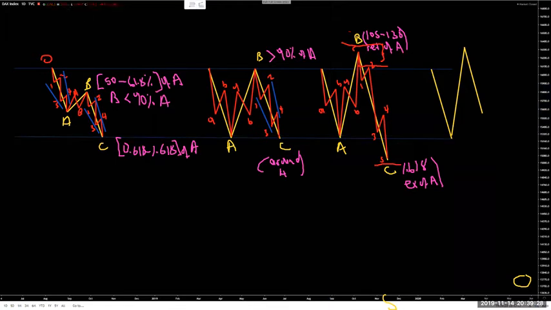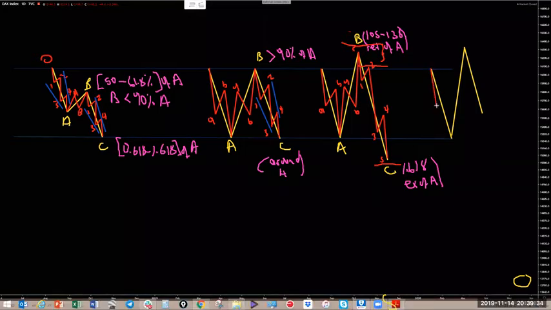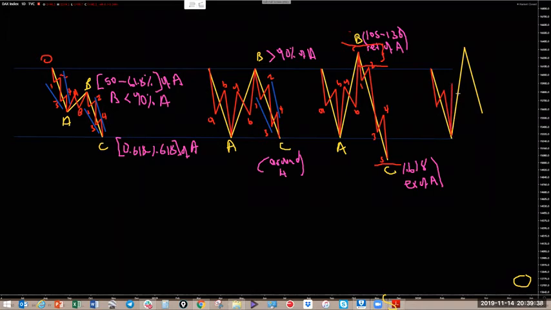Now again, a running flat, like all the other flat corrections, has a 3-3-5 structure. 1, 2, 3. 1, 2, 3. 1, 2, 3, 4, 5. Impulse or an ending diagonal.